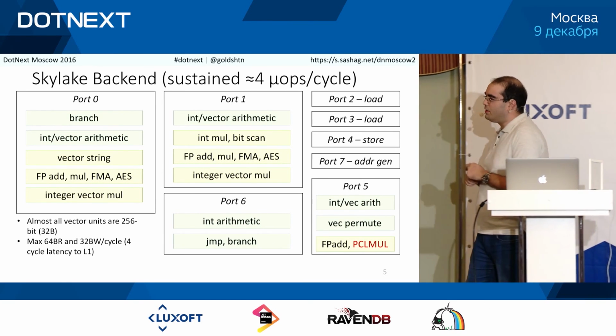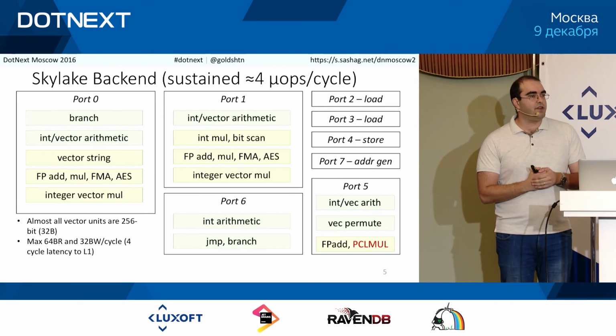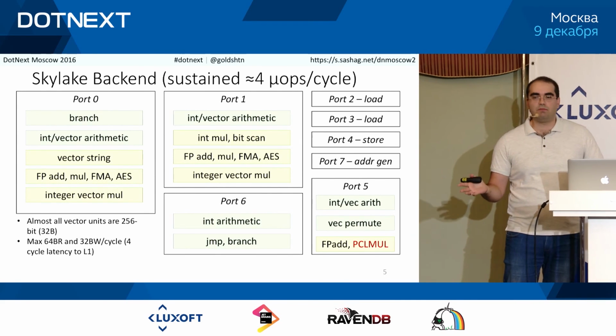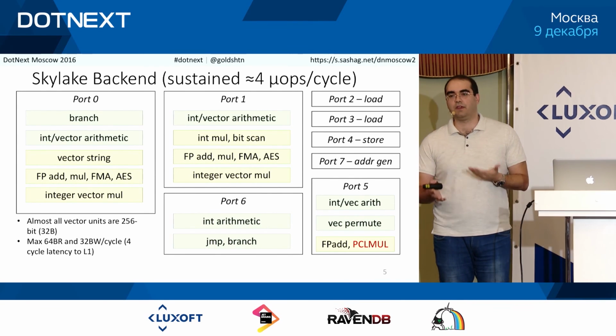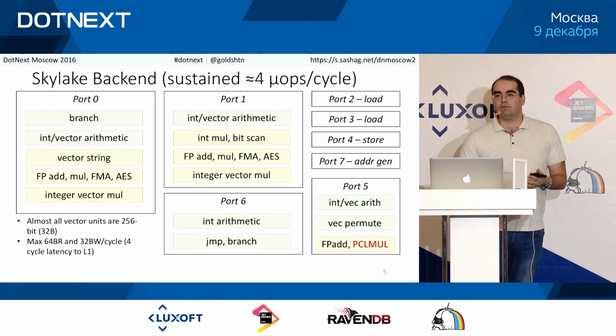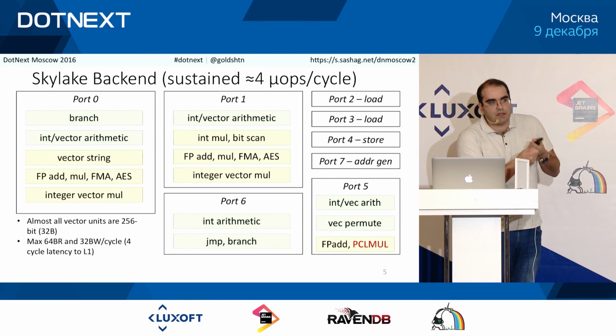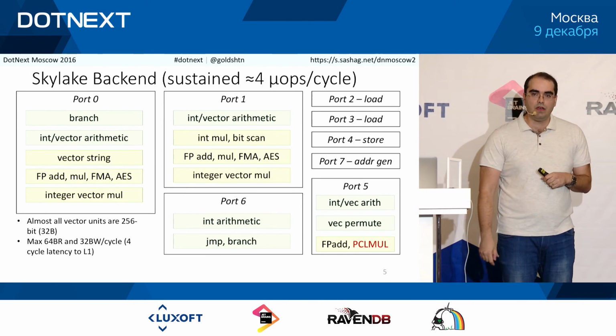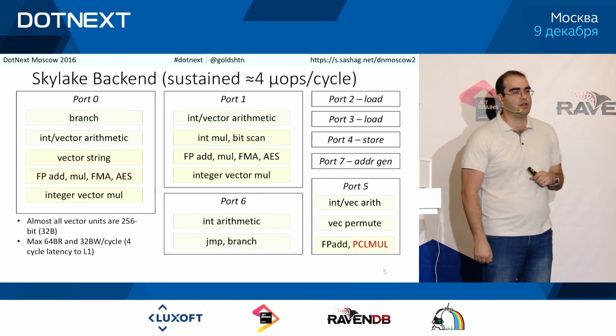Interesting things you can see here is that, for example, if I have a workload where I'm adding a lot of ints, and there are some problems where you just end up adding a lot of ints together, you can keep multiple ports working at the same time if you have the right mix of instructions. If you put the right mix of instructions into the backend, you'll have multiple instructions executing at the same time.